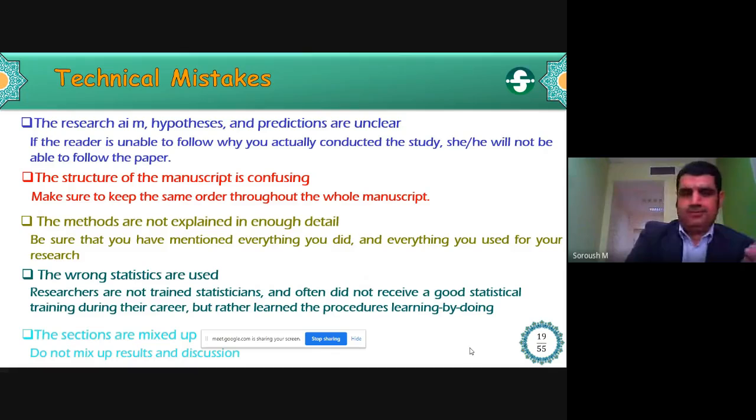And also discussion, which is very important in research, sometimes is the missing link in our manuscript.